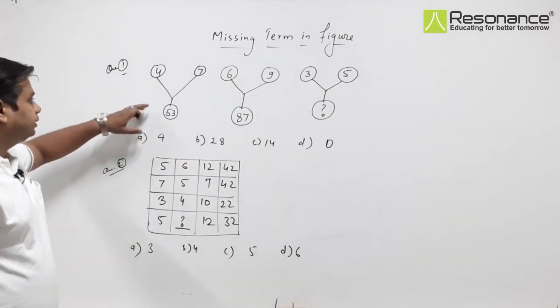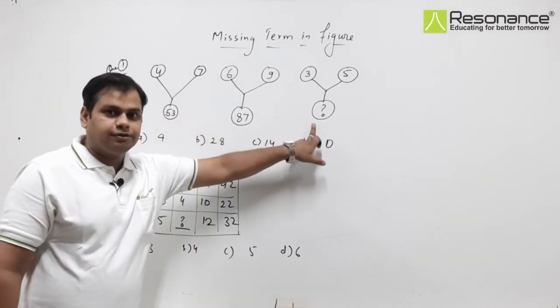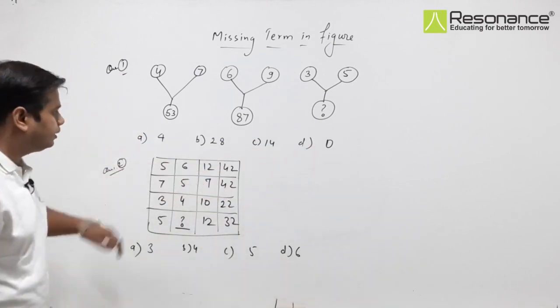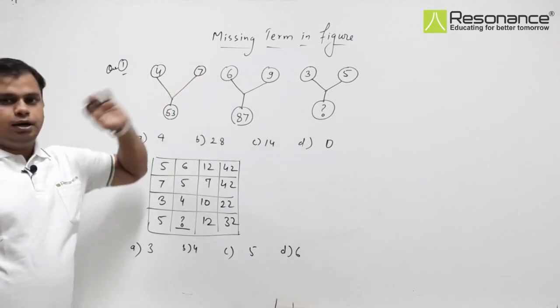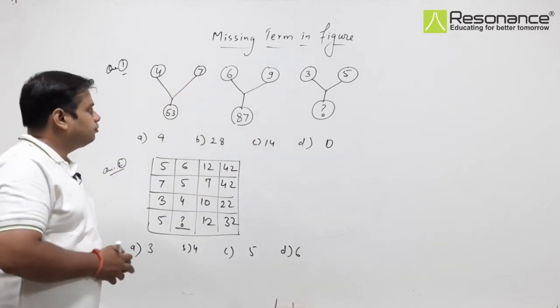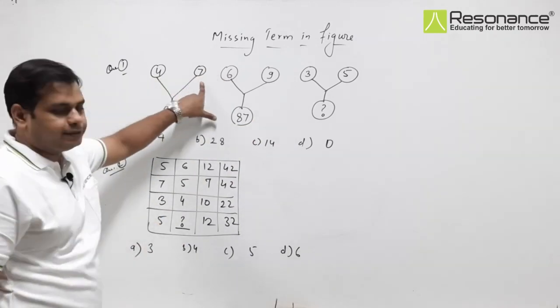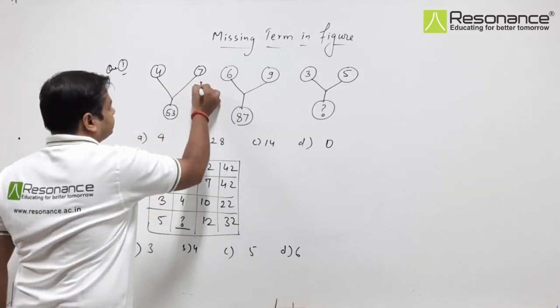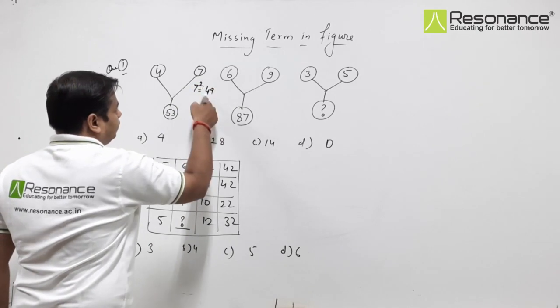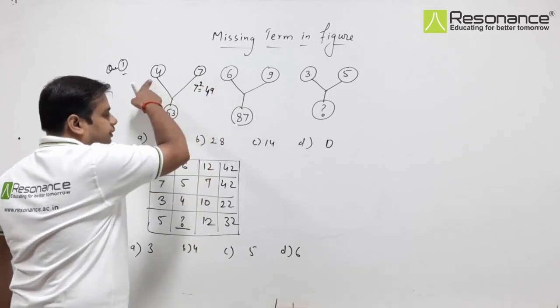Now we can see these are the resultant numbers. Clearly, these are the resultant numbers because they are larger than the upper numbers. So we have to make 53 from 4 and 7. How can we make it? We know that the square of 7 is 49 and we need 4 more, and 4 is written here.